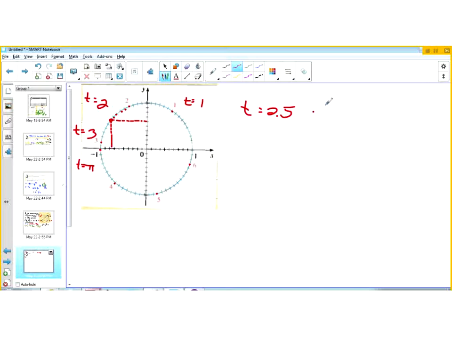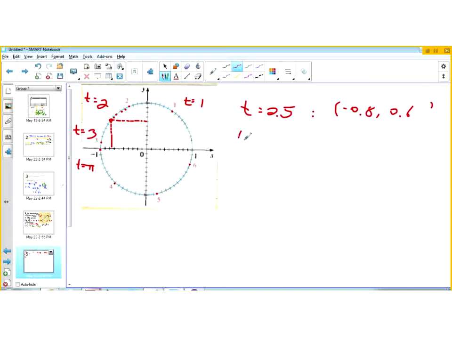Yeah, so in this case, at t equals 2.5, I get a reading of x equals negative 0.8, and y is equal to what? 0.1, 0.2, 3, 4, 5, 6. Okay, so 0.6. So that would be the coordinates of the terminal point.